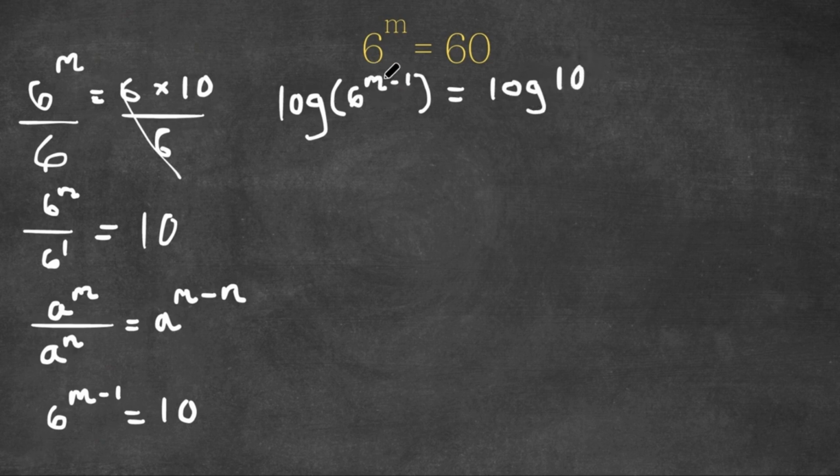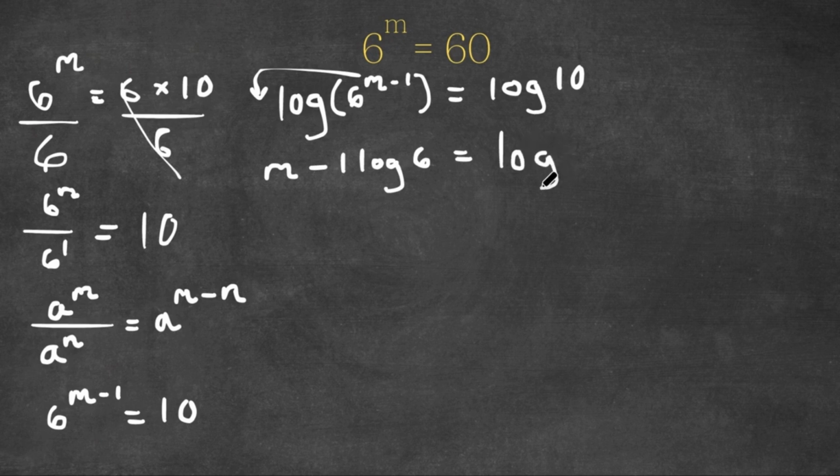Now, using the power property of logarithms, I can move this exponent, m minus 1, to the front of the logarithm. So this would be (m minus 1) times log 6 is equal to log 10. So now I'm going to divide both sides by log 6 so that we can move it to the right-hand side.